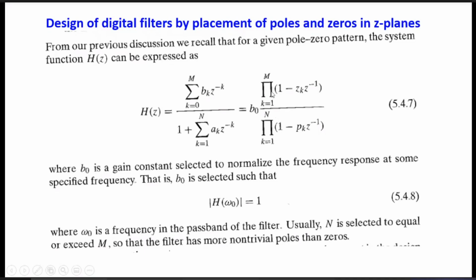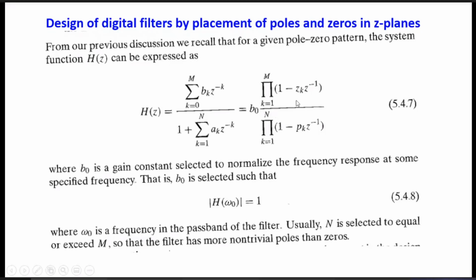The numerator consists of zeros at positions zk, and there are m number of zeros, k equal to 1 to m, so it is 1 minus z1 z inverse into 1 minus z2 z inverse.